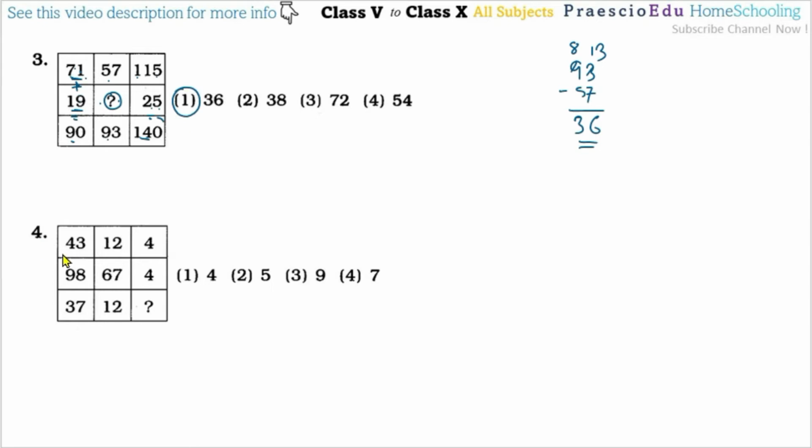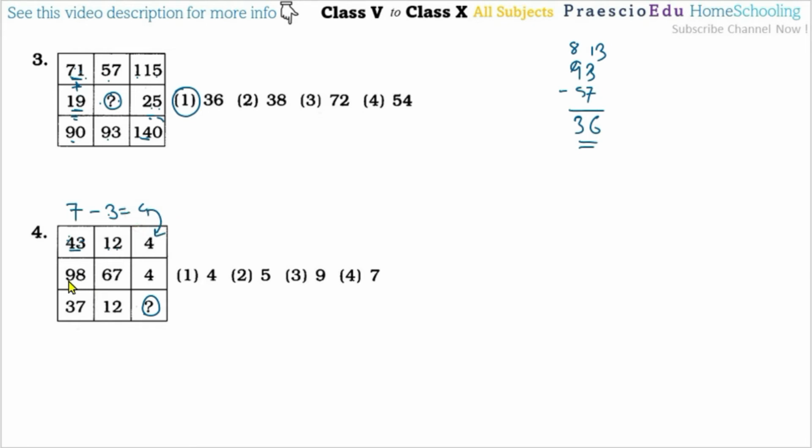Then question number 4. The question mark is here. The logic in between here: this 43 means 4 and 3. If we do the separate addition of these digits, 4 plus 3, that is 7, and here 1 plus 2, that is 3. So 7 and 3 come from these two numbers, and if you calculate the difference between them, 7 minus 3 is equal to 4, and this 4 comes here.